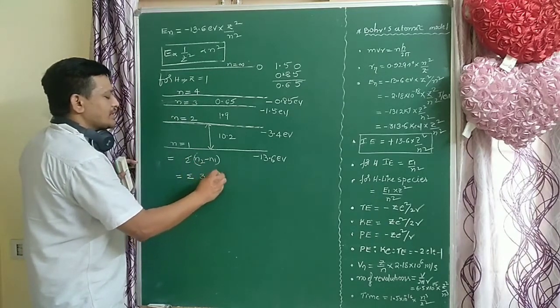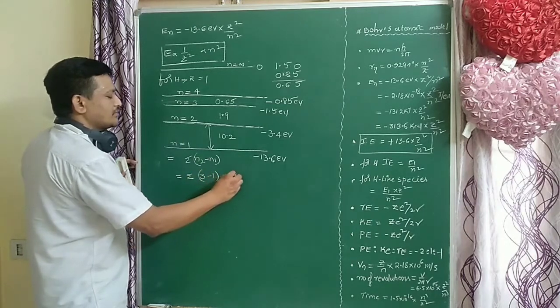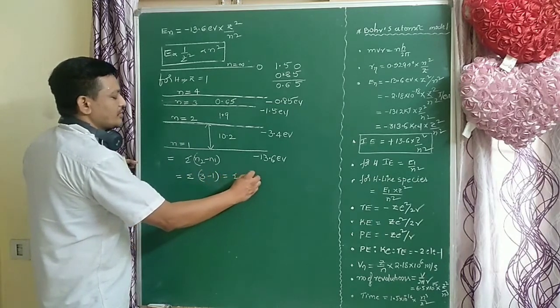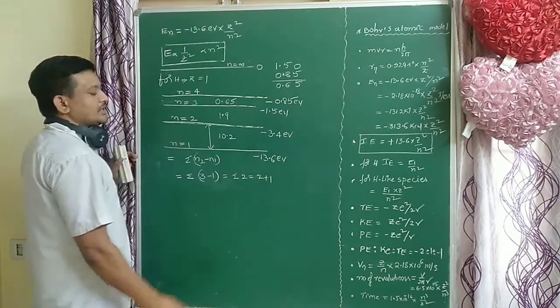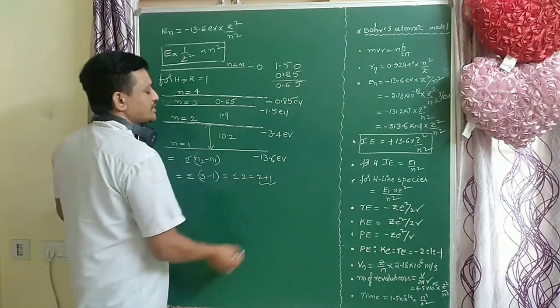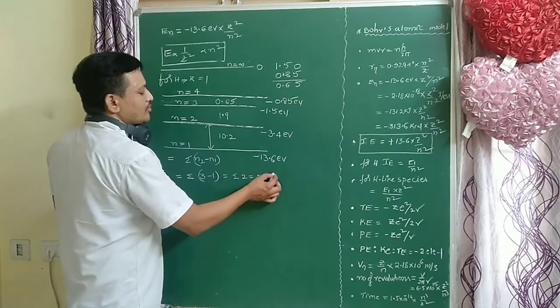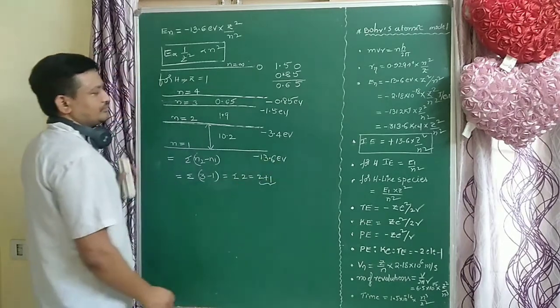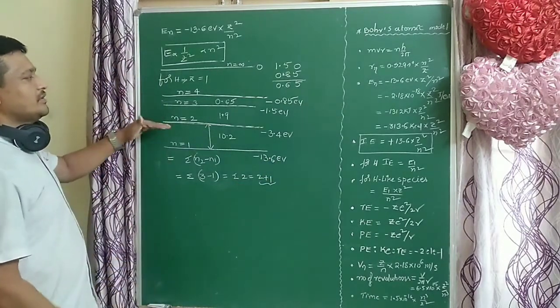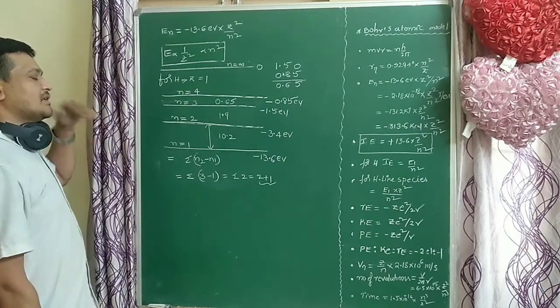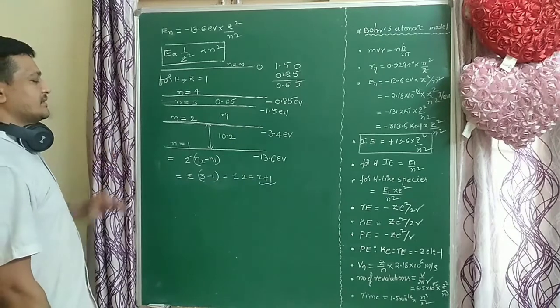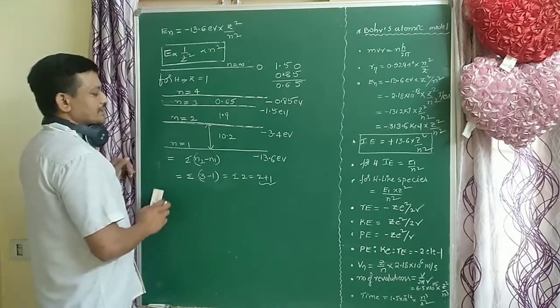Ground state means n1 equals 1, that equals sigma 2, which is 2 plus 1. How many spectral lines are formed? 3 spectral lines. 2 are Lyman series and 1 is a Balmer series. That is very important. N value increases, energy increases. Z value increases, energy decreases.